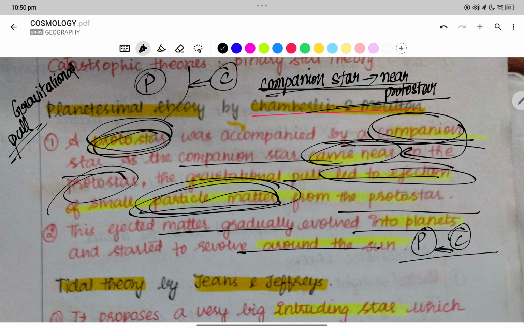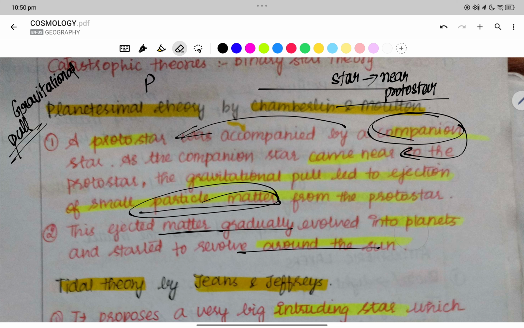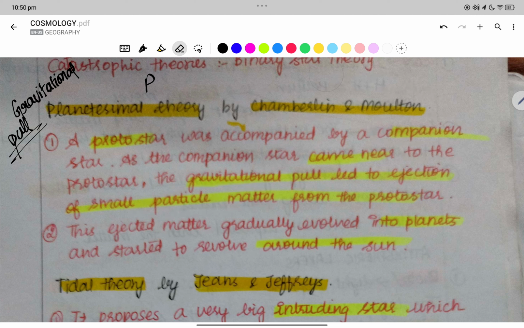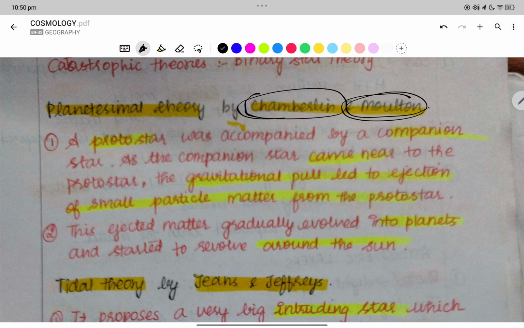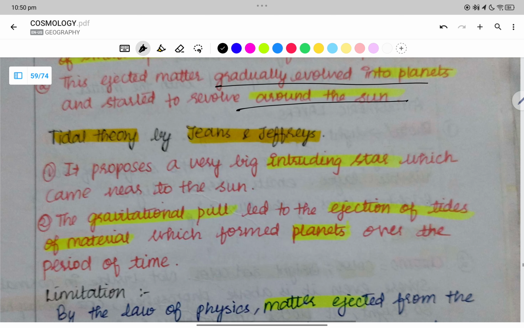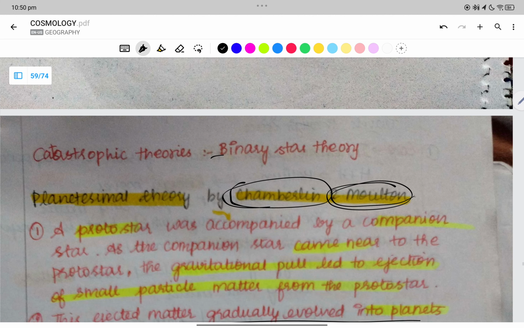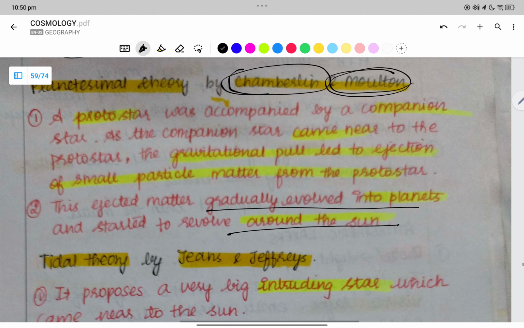The companion star is the one which came near to the protostar, and it has caused an attraction. Due to gravitational pull, there was an ejection. This planetesimal theory is proposed by Chamberlain and Moulton. The ejected matter became planets that started revolving around the sun. That is why we call it a binary star theory in the catastrophic theories.